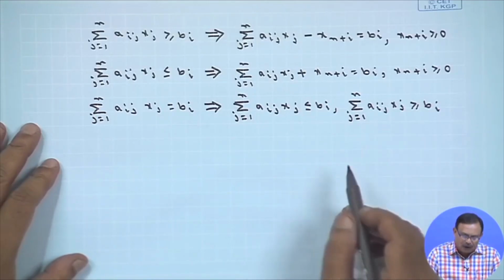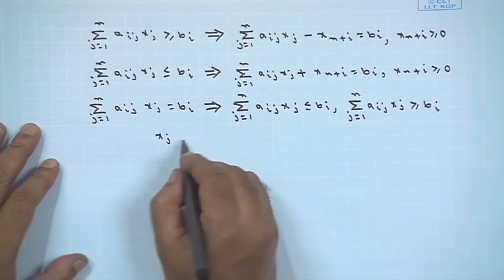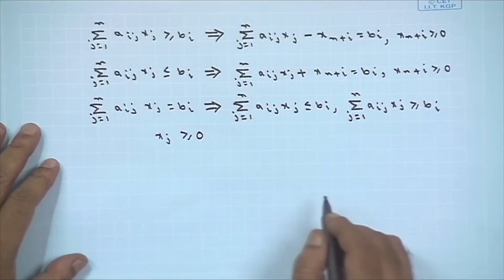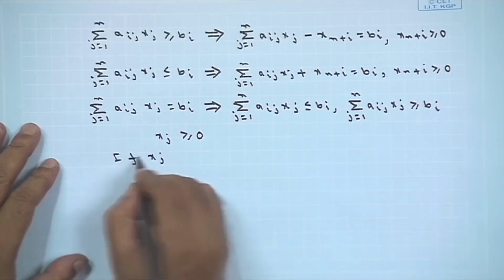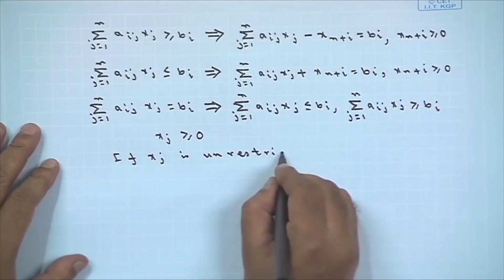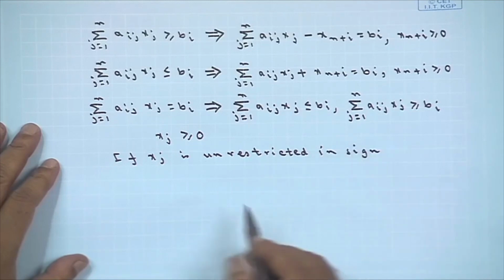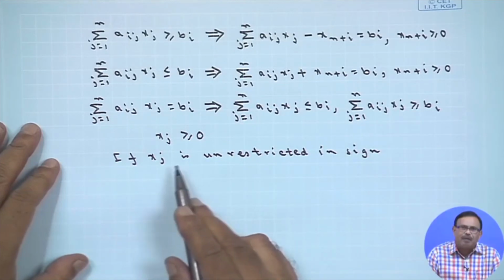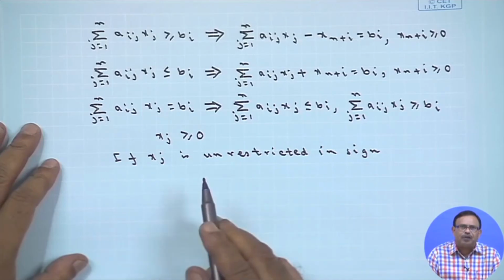There is another concept. You are using the decision variable xj, and we are saying that this should always be greater than equals 0, that is non-negative. But suppose xj is unrestricted in sign, that means we do not know the sign of this, it may be positive, it may be negative. In that case we cannot find the solution.